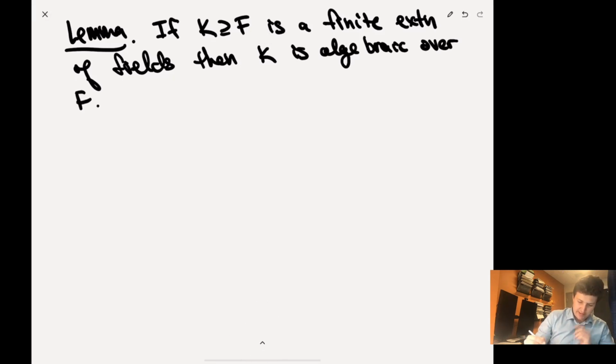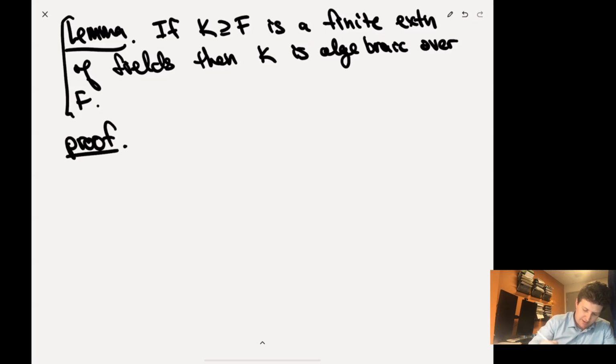It doesn't matter what crazy element of K I take, it's always going to be the root of some polynomial equation over F. So let's do the proof of this. The proof is super easy. It's finite, so let D be the dimension of K as an F vector space.